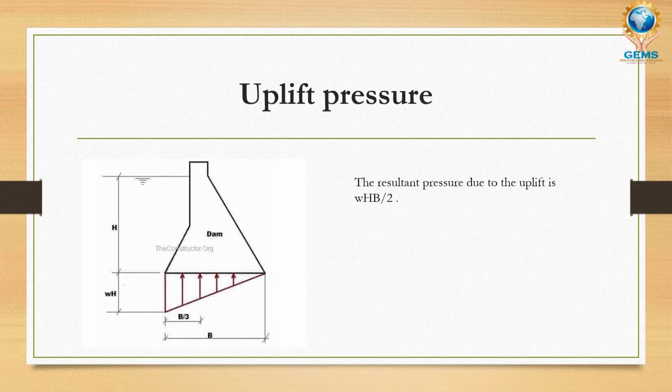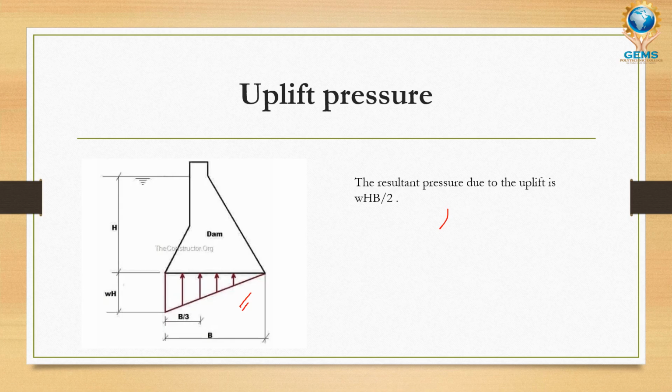On the previous slide, I explained the theoretical portion of the uplift pressure. Now, if you see the uplift pressure in the following slide, you can see a triangular formation on the bottom portion, in the foundation portion of the dam.